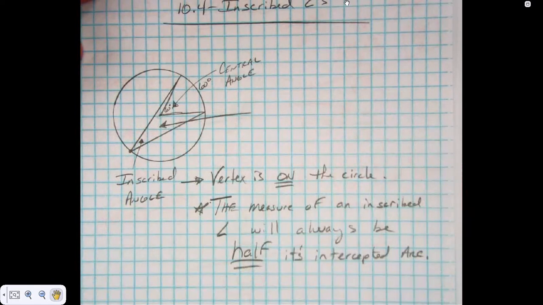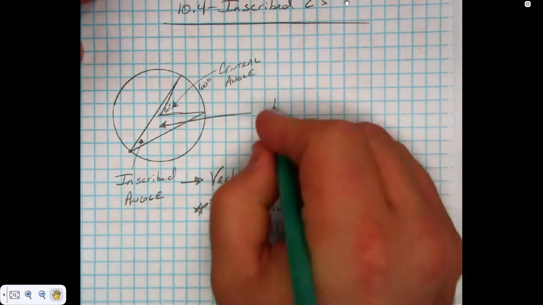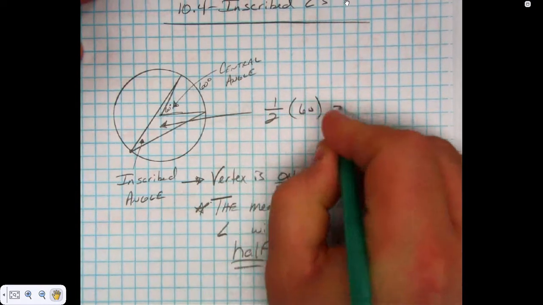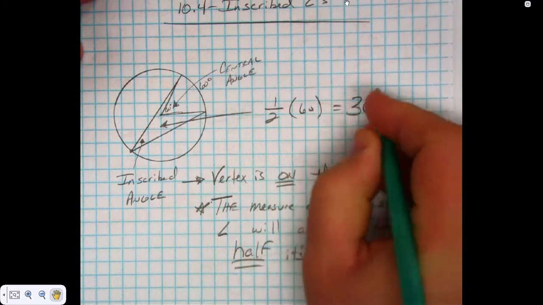So what is the measure of that angle going to be? The measure of an inscribed angle will always be half its intercepted arc. What is the measure of the arc it intercepts? 60. So what's the measure of that angle? It's 1/2 of 60, which is what? 30 degrees.